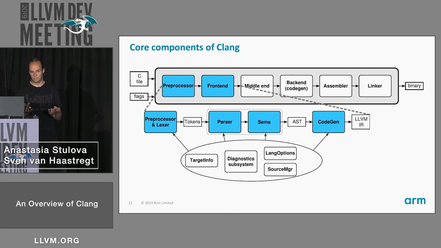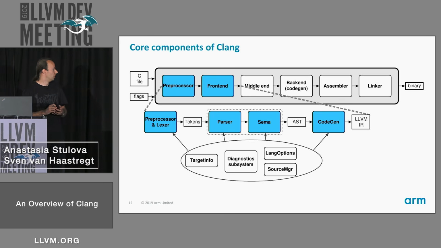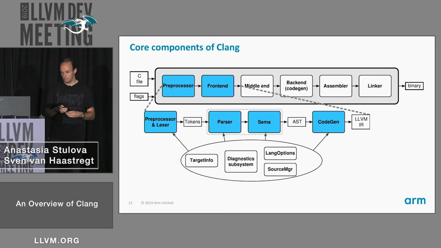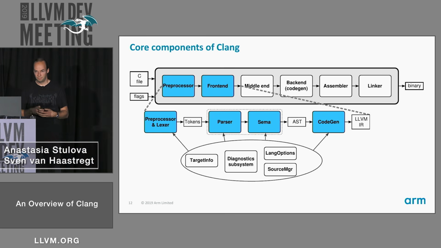Think of, for example, pointer sizes that are bound to the target you're compiling for. There's the Diagnostics subsystem, which is used throughout the compilation pipeline. Whenever there's something wrong, it will fire a diagnostic to the user. And then there are other classes like LangOptions and SourceManager. The Diagnostics we will go into a bit more later.